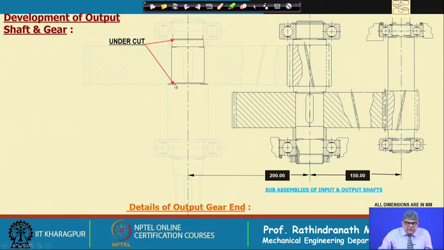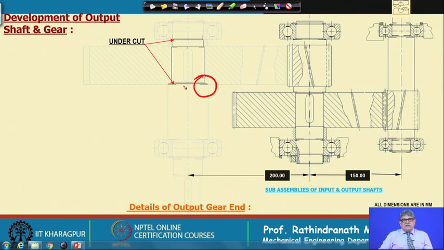Now, we have again provided two undercuts, one for setting the bearing, another for setting the gear. Here I would like to mention these undercuts at the step up of the shaft where the gear will sit. Here we may not provide the undercut, it can be simply a step up, but in that case we have to ensure the gear has a good amount of chamfer.